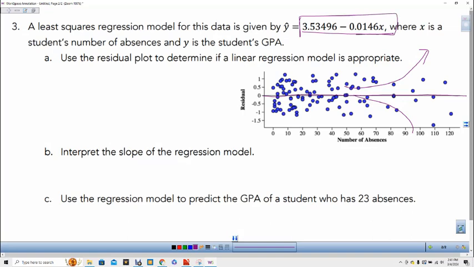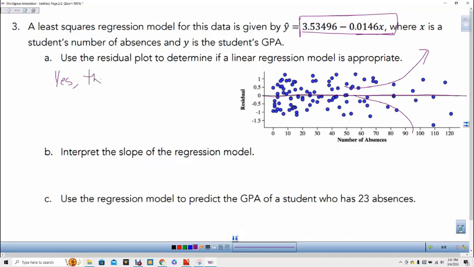So if that's the case, and we're not getting these huge values where we're off by an amazing amount over and over again, either positive or negative, then that means the model is going to be appropriate. So is a linear regression model appropriate? Yes.